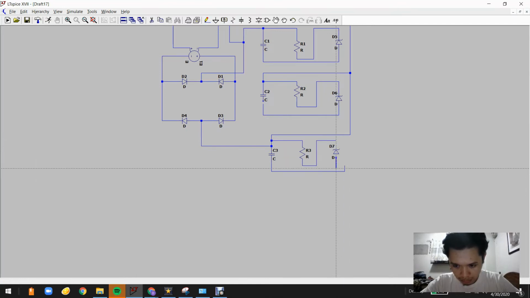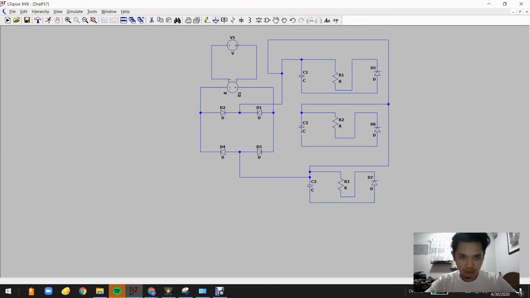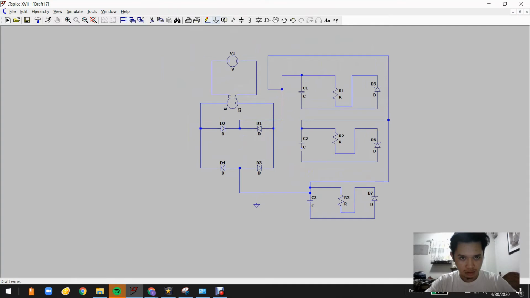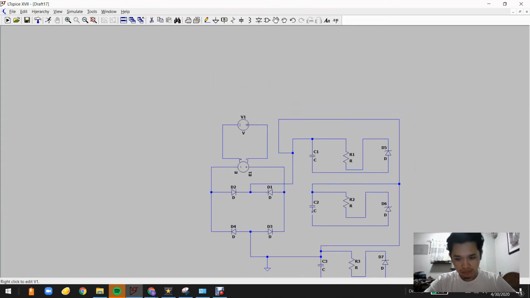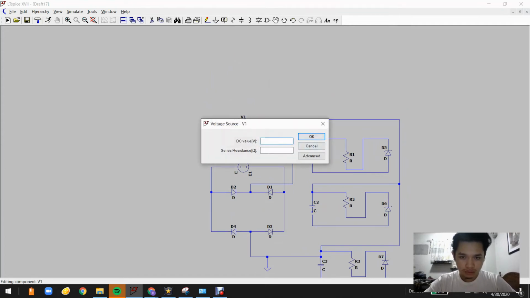There you go. Delete these X's. Now I'm gonna put the ground there. The next thing we're gonna do is to label the parts.